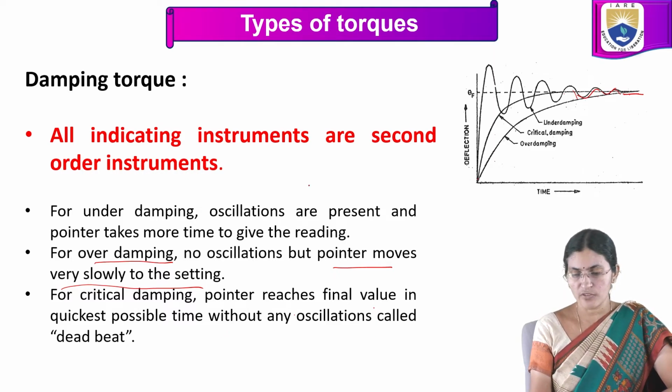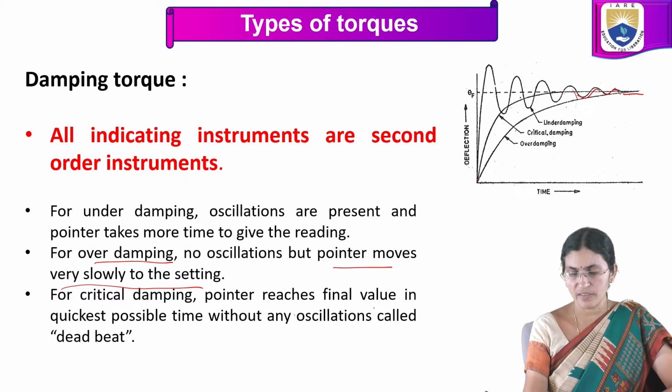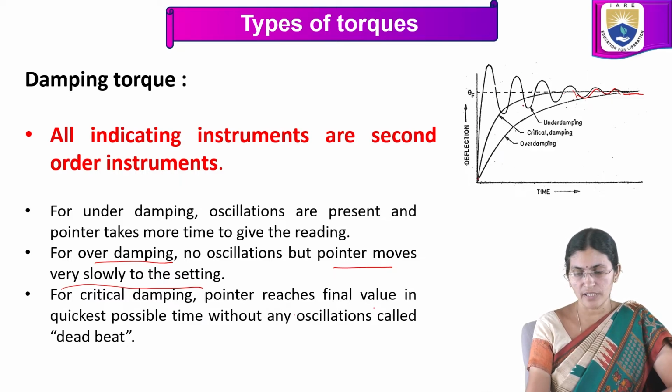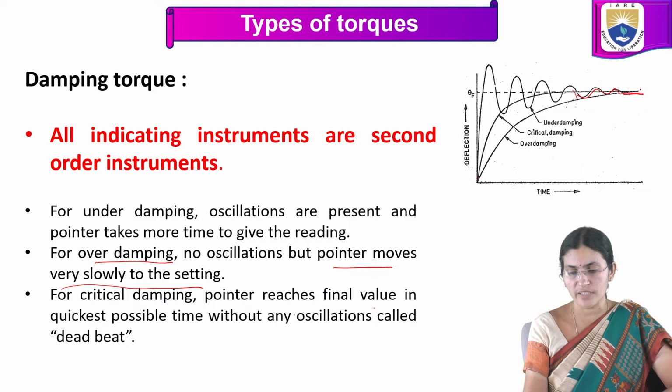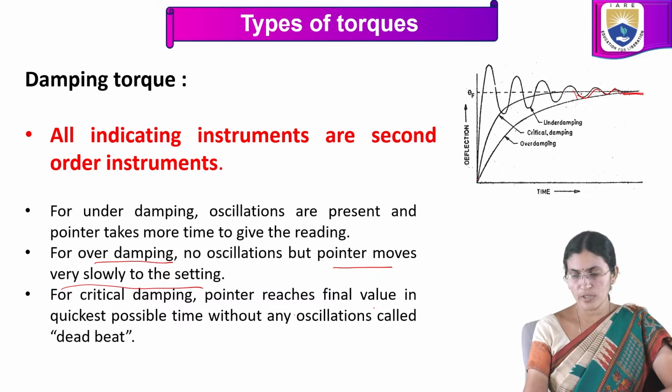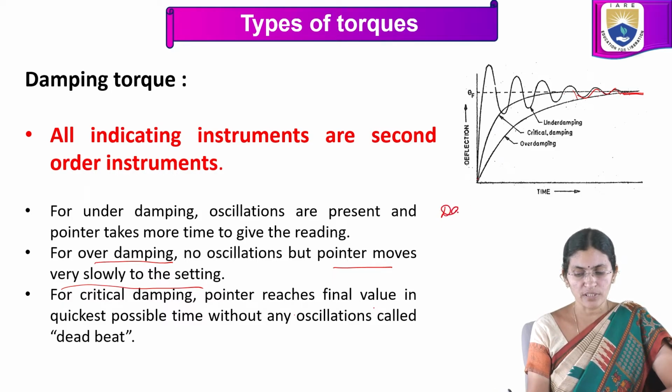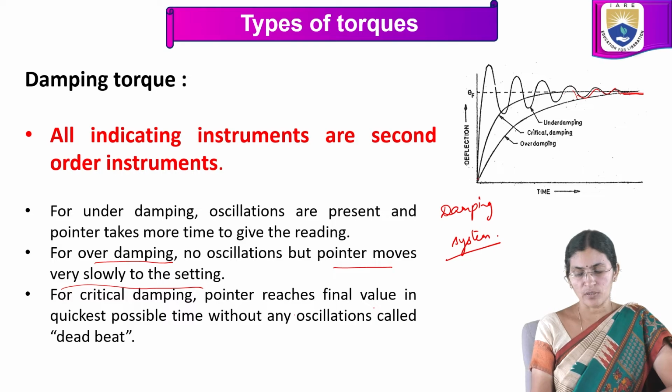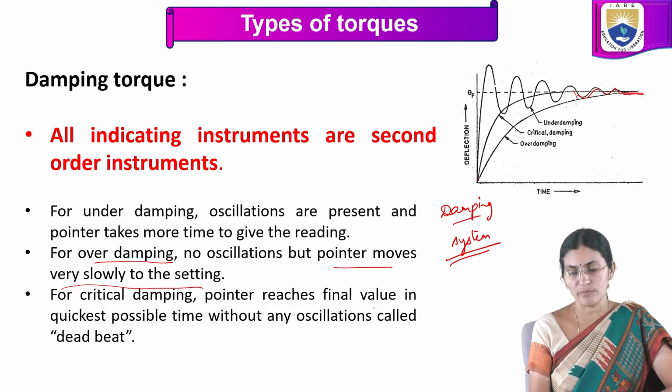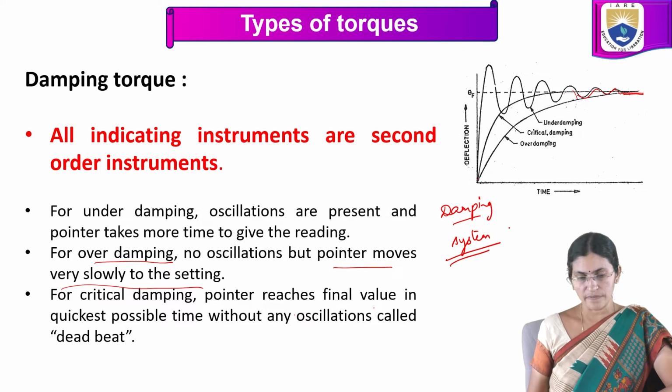All the indicating instruments exhibit this behavior. So there are oscillations in the indicating instruments before reaching the final steady state value. In order to avoid these oscillations, there is a system called damping system to provide damping torque. Damping torque can be provided by different methods, which we will see.